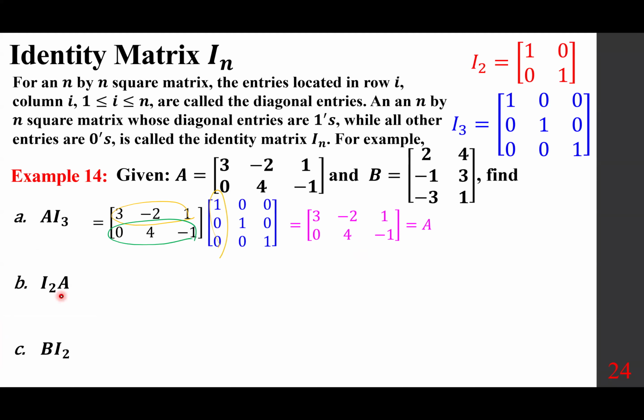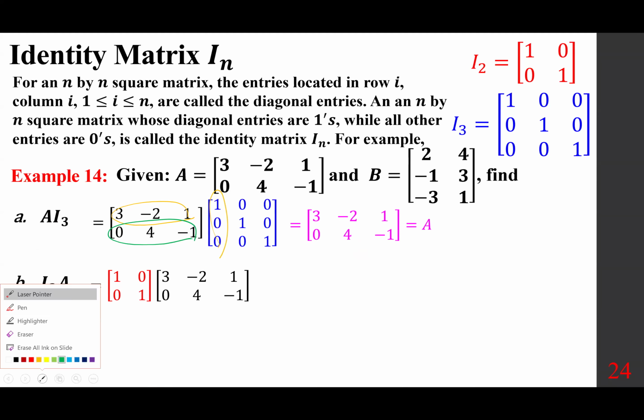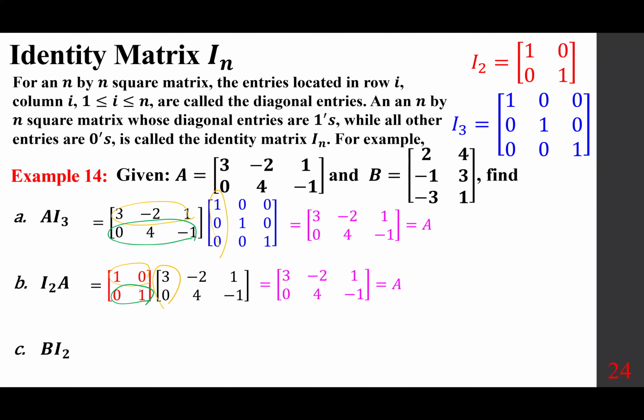What about this one? So if you look at this one, for example, you get 1 times 3, 0 times 0 is 3. If you do this one, you go 0 times 3, 1 times 0 is 0. So clearly, you continue with the rest of it, and you get the A matrix. What is B times I2?